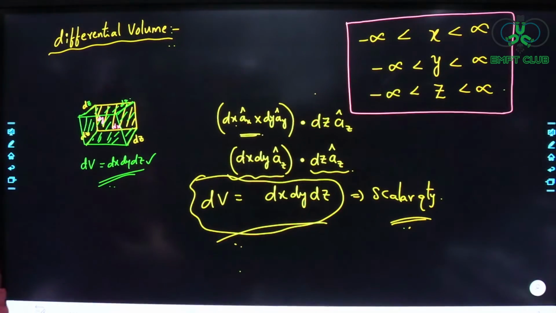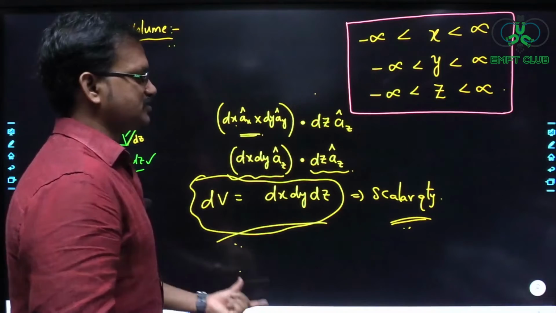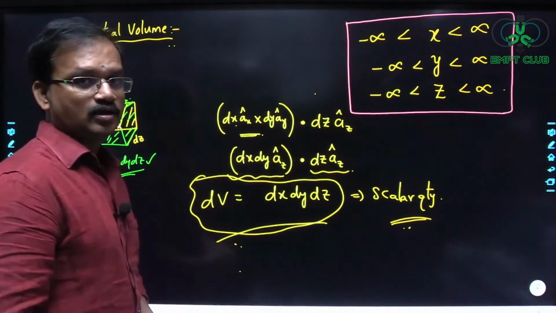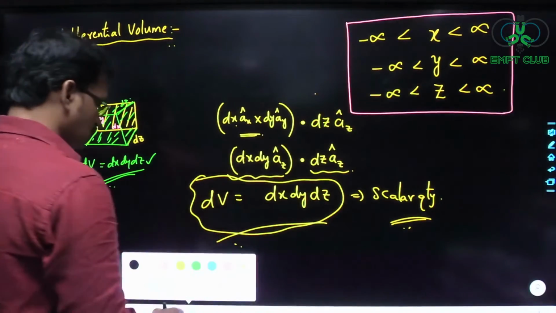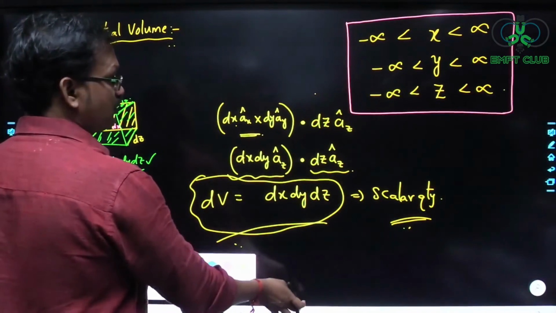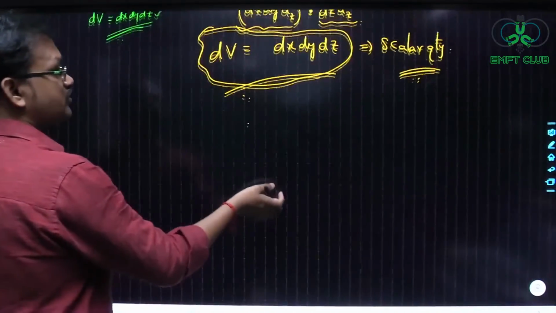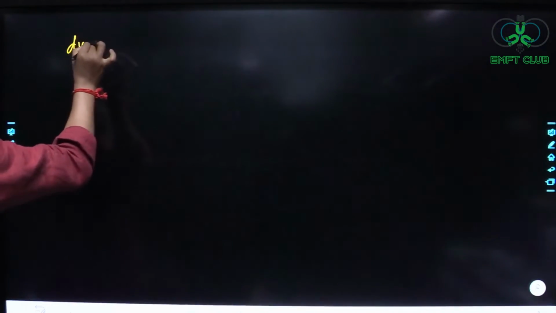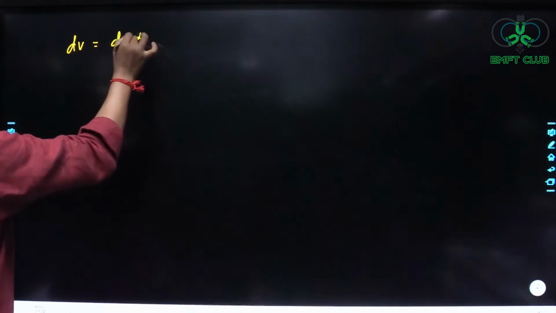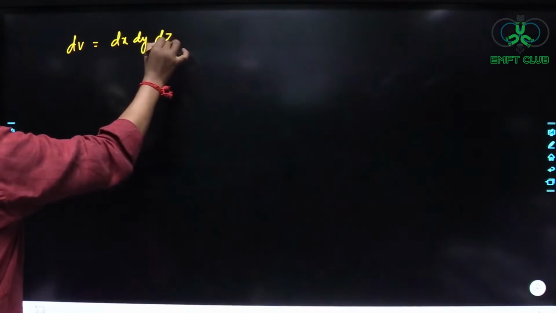So the resultant of this dot product is nothing but a scalar quantity. Now this is the differential volume. This is the story of differential volume. So the differential volume dV is equal to dx dy into dz.